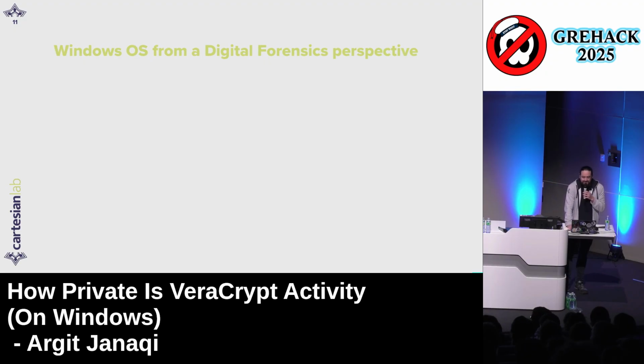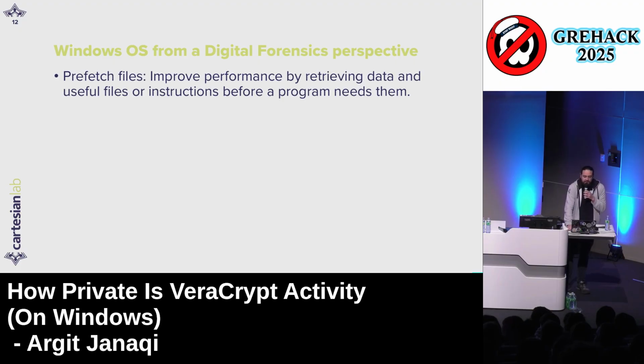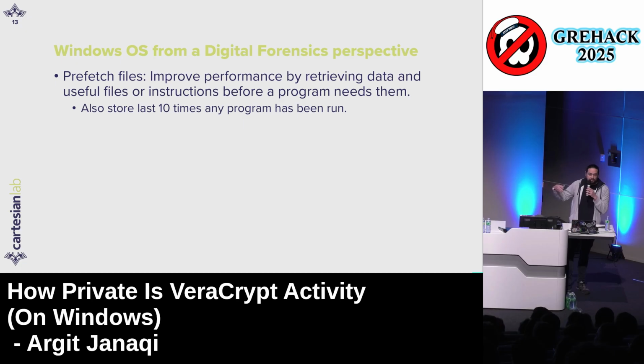So, from a digital forensics perspective, what can we look for to rebuild user activity? A few examples here. Typically, some prefetch files are used to improve performance of programs by retrieving data and such. It's quite useful because it also stores the last 10 times a program has been run. The event logs, among other things, keep history of mounting file systems.